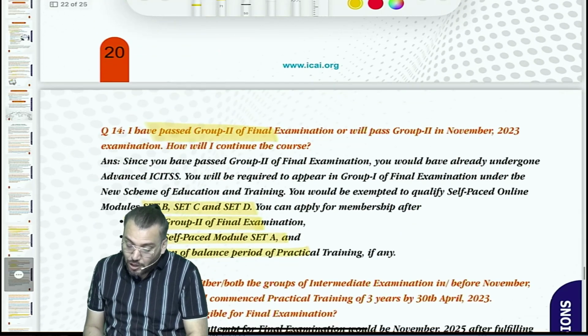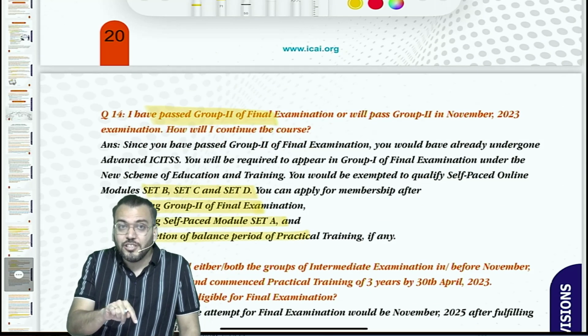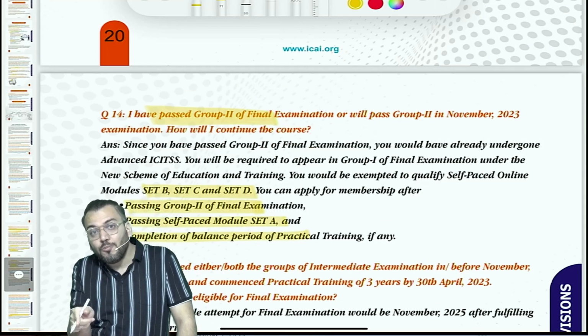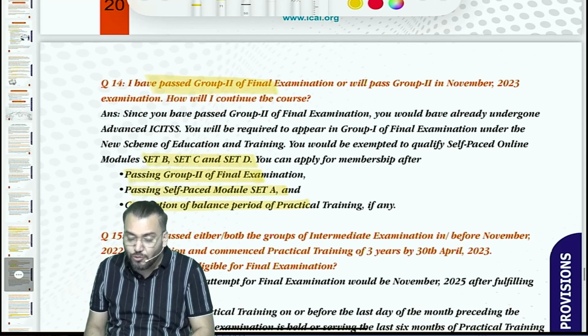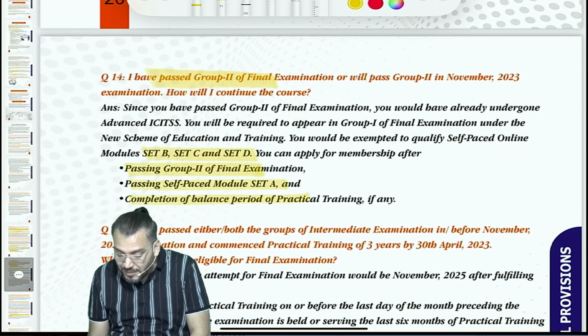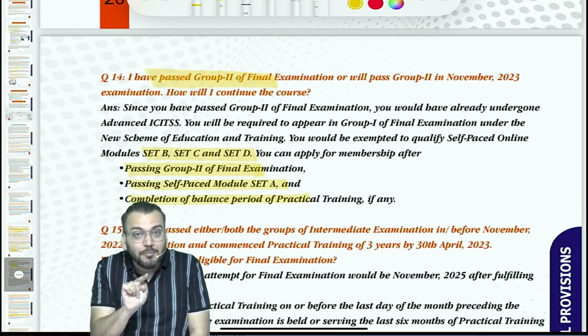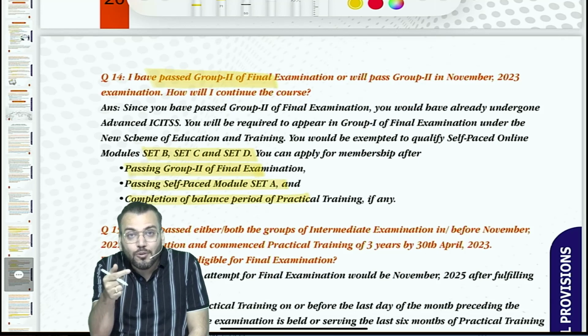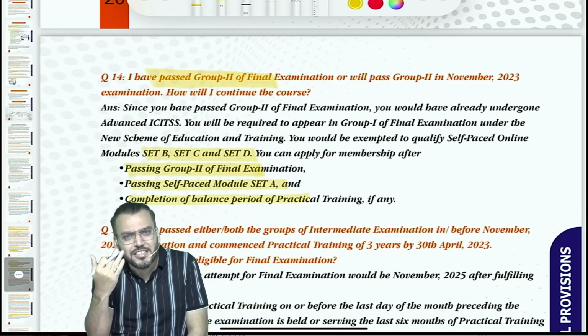Understood? Yes sir. Now if you have passed group 2 under the old scheme, you can write group 1 under the new scheme and then avail membership. In this case you are exempted from set B, set C and set D of the self-paced online examination, because under group 2 you have already written the costing examination, so you are exempted from set B, and set C and set D also.